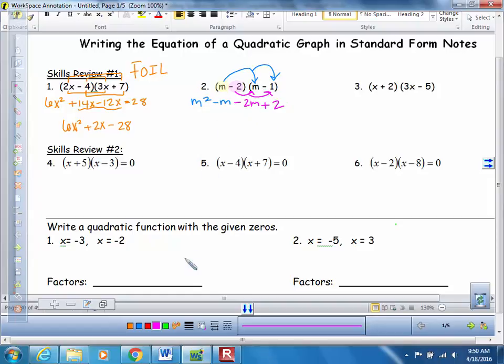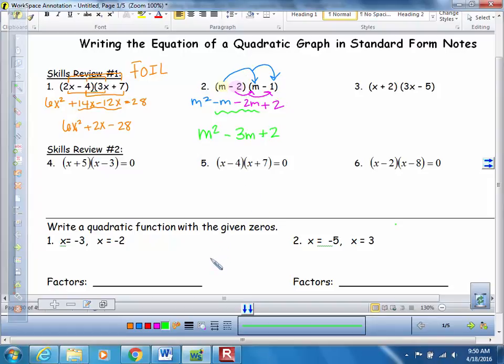So do we have like terms here? Okay, what are my like terms? Negative m and negative 2m, so I'm going to bring m squared down. Negative m and negative 2m would give me a negative 3m plus 2. Okay? So either method, whichever one works better for you, that's the one you use.